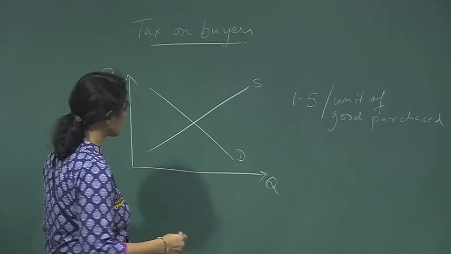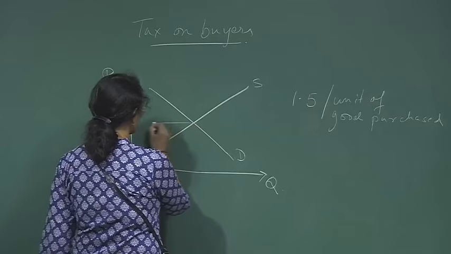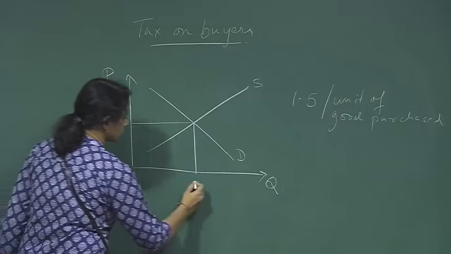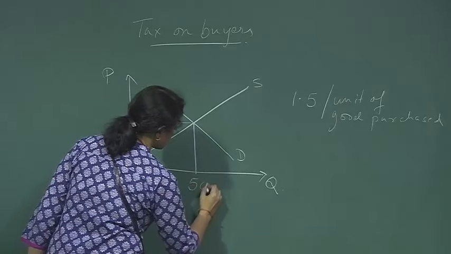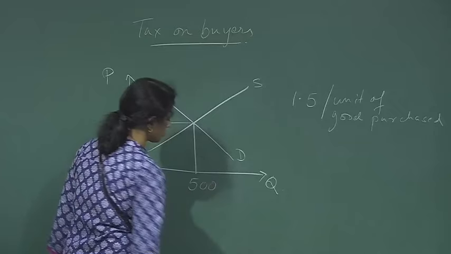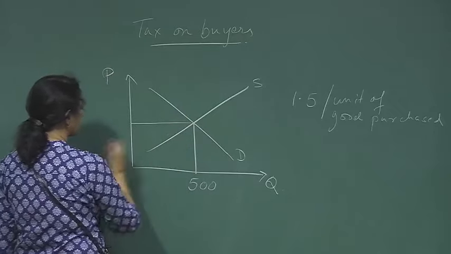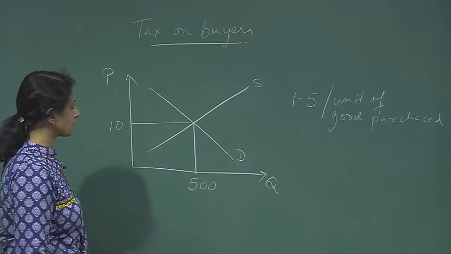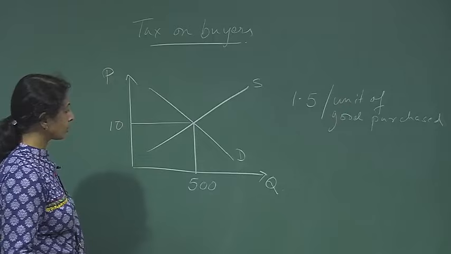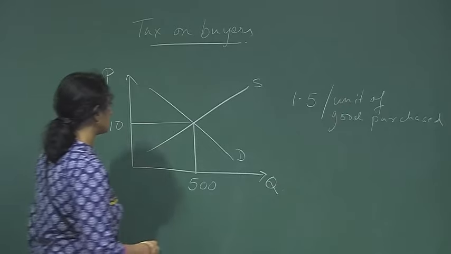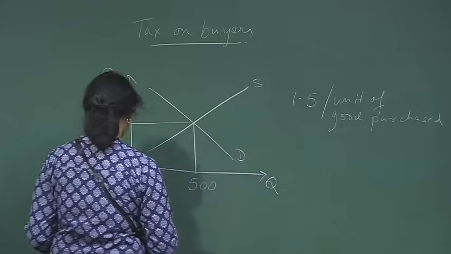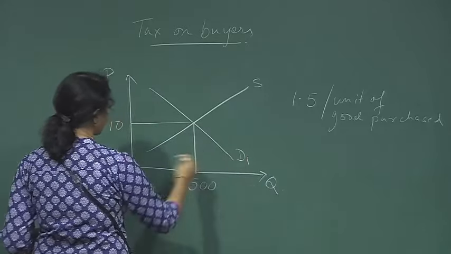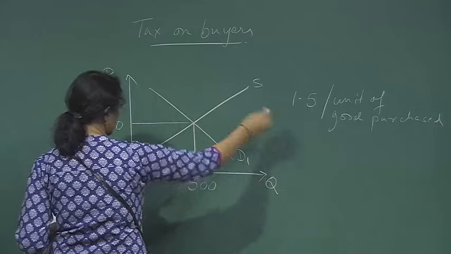Now say initially all the buyers in the market together were consuming 500 units at a price of 10 rupees. This is the initial demand curve, and the buyer has to pay a tax of 1.5 per unit of goods.